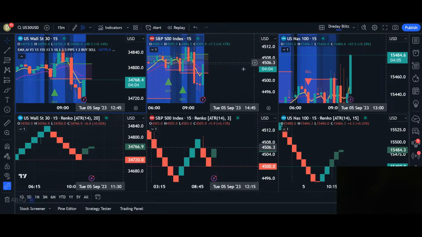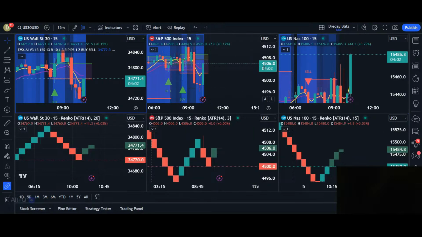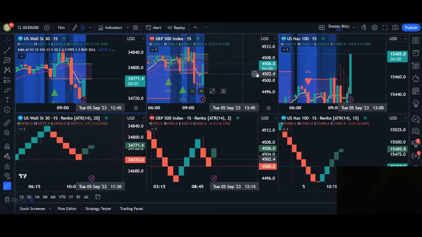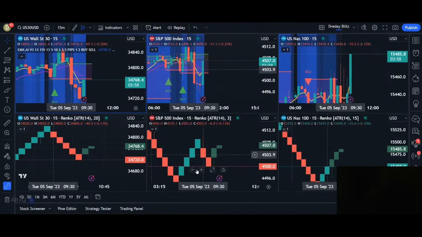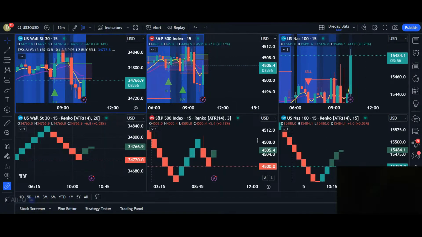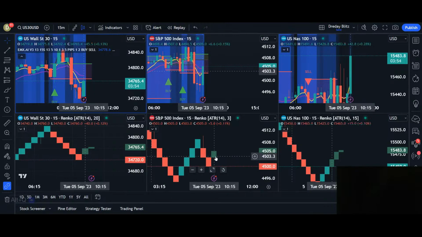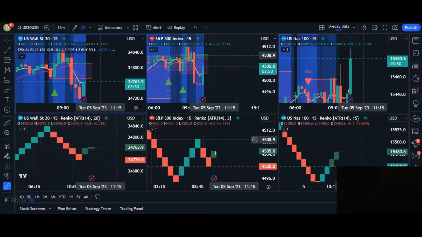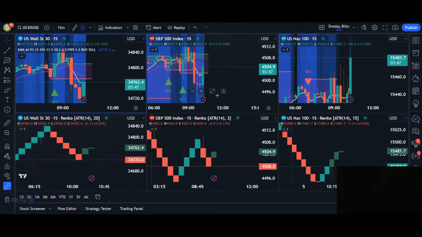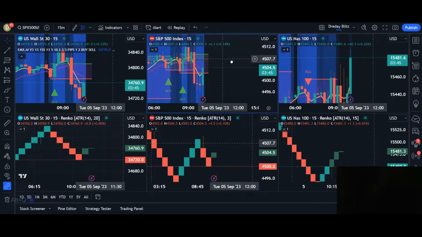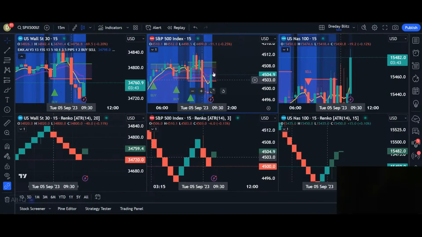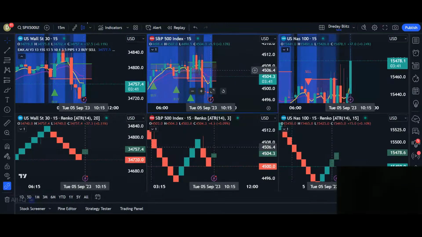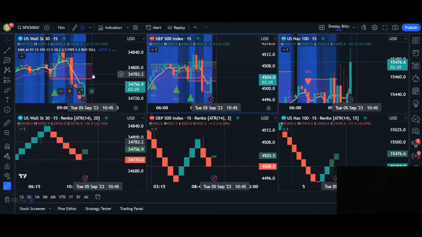US 30, NASDAQ, S&P 500 is pushing up right now. As you can see, it's plotting here an uptrend indication. So I will wait until the close of this candle to see exactly how it goes.